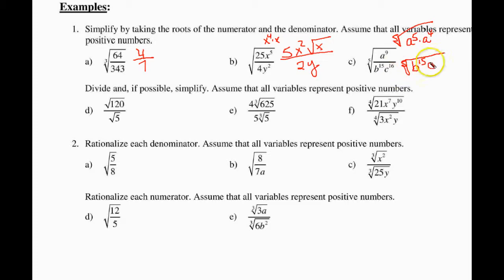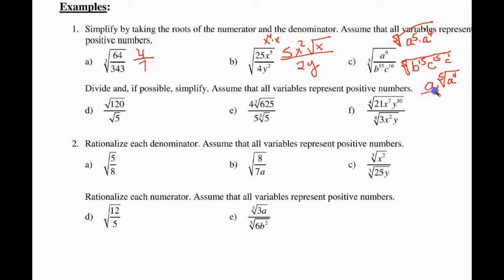Now c has c to the 15th, and there is one left over. That's just an extra one there. So when we simplify this, this is going to be a to the 5th. The 5th root of that is a, and then you have the 5th root of a to the 4th left over.